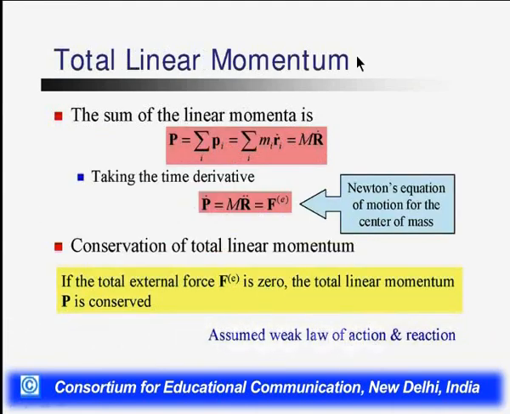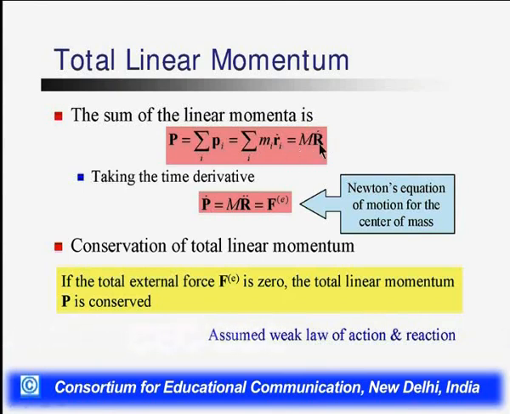The total linear momentum, when we are talking about multiple particles or a multiple-particle system, is defined as P equals summation over i of Pi. This is for more than one particle. We take the momentum of all the particles, defined by the capital P, equals summation over i of mi ri dot, which is equal to M R dot.